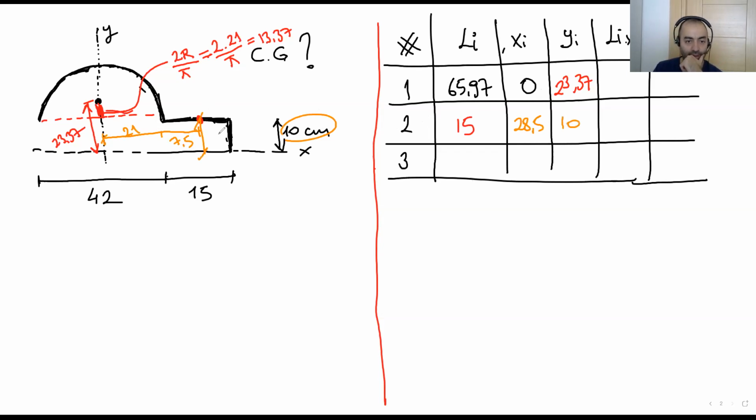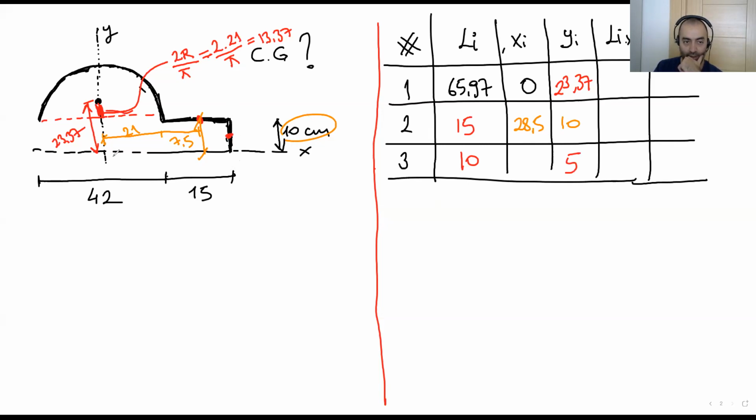And let's have a look at the vertical member here. Its center point is this. Firstly, let's write its length. Its length is 10 centimeter, given in the question. The yi is basic. You can see here, half of this total height, 5.